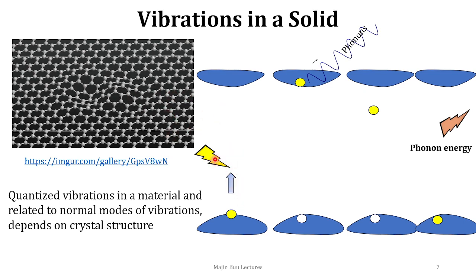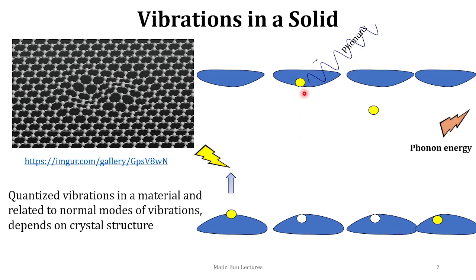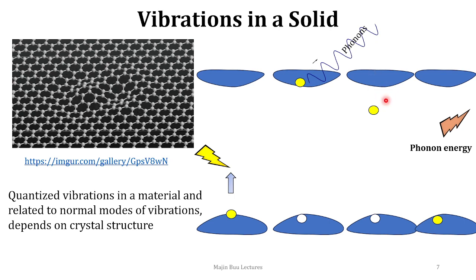That is, say the photon is going to excite an electron from the valence band to the conduction band. Now, the excited electron might be involved in some kind of inelastic scattering with a phonon, such that the electron that has got excited to a particular level will come to an energy that is lower than the initially excited state, resulting in a release of phonon energy.